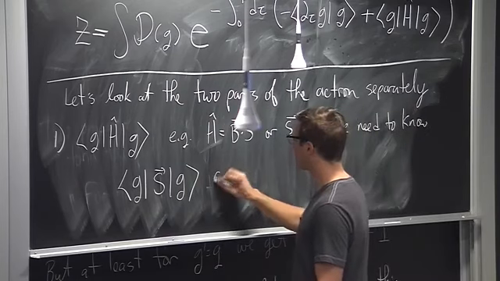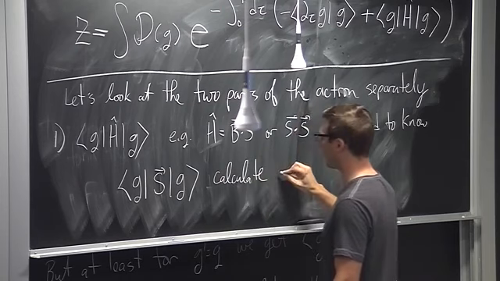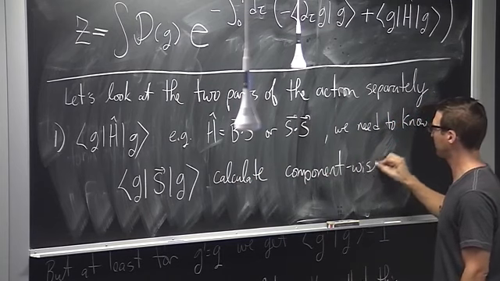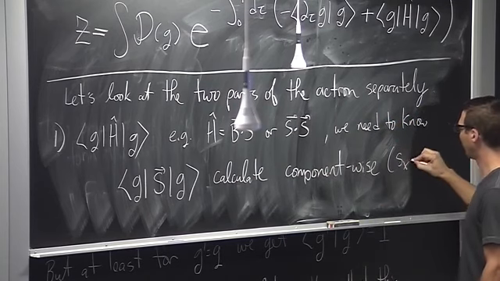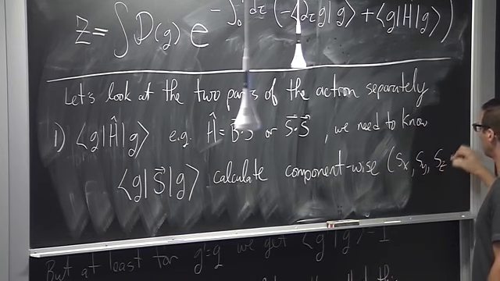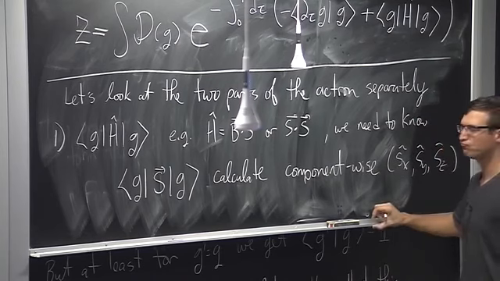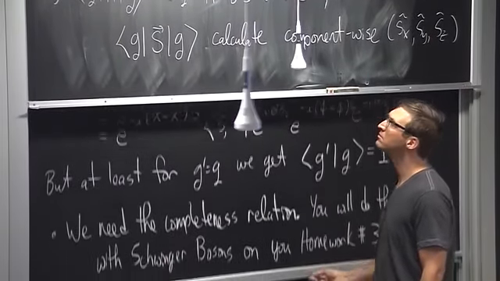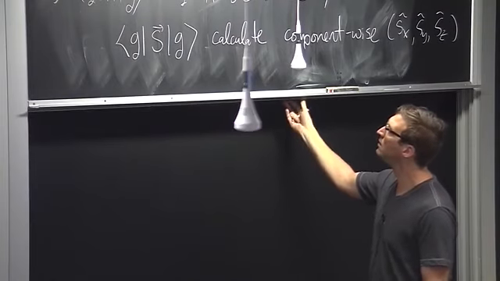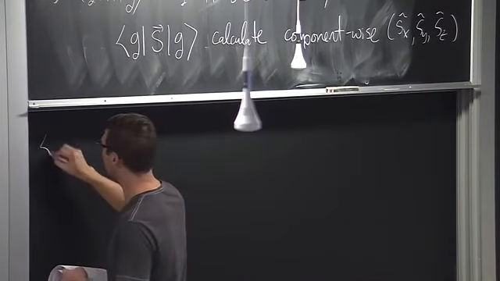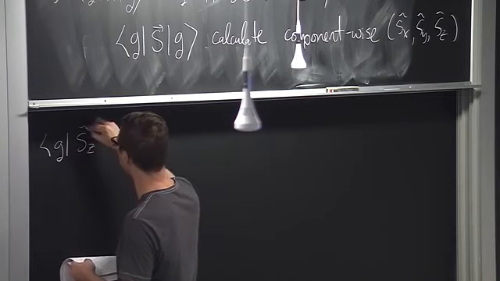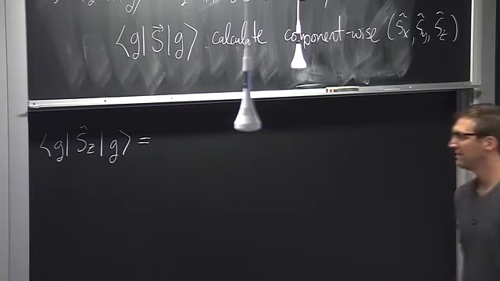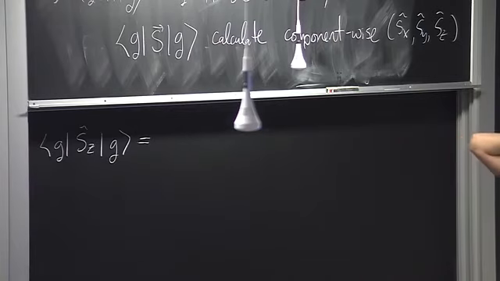Okay, and we can just calculate this component-wise. So X, Y, Z. So let's look at those three components. We have to think back and remember what G is.